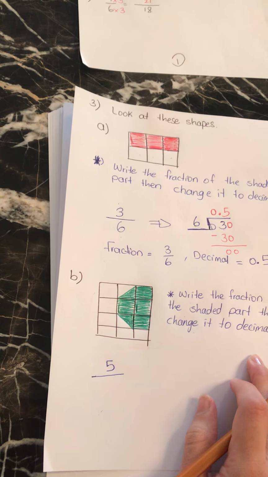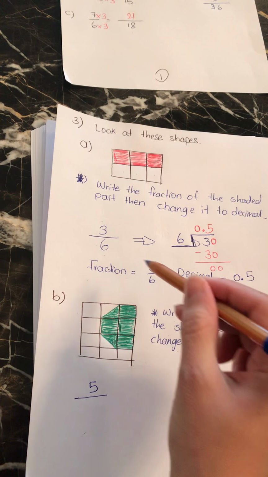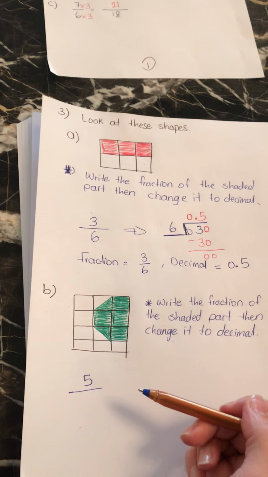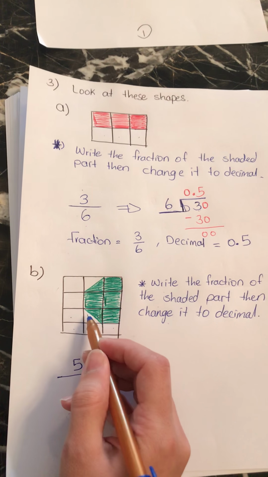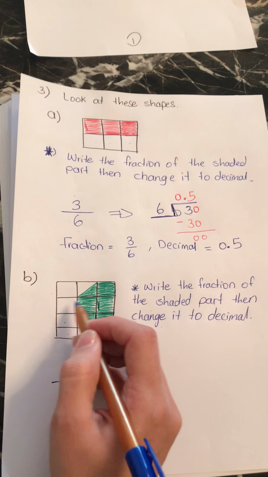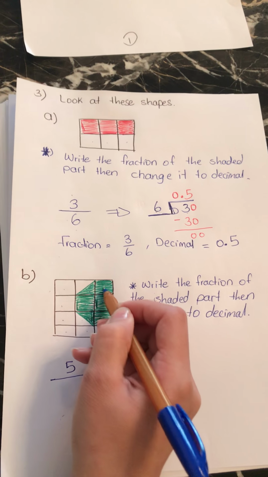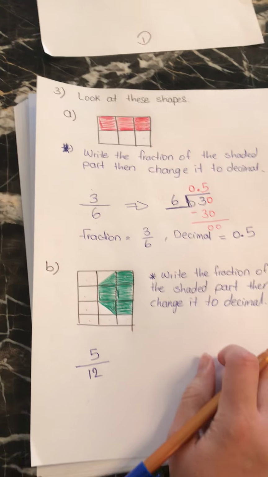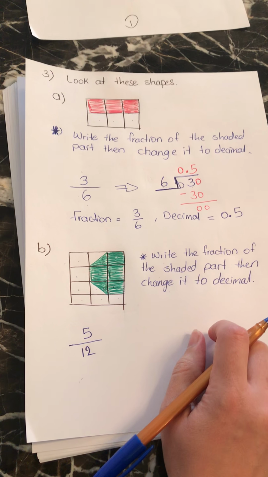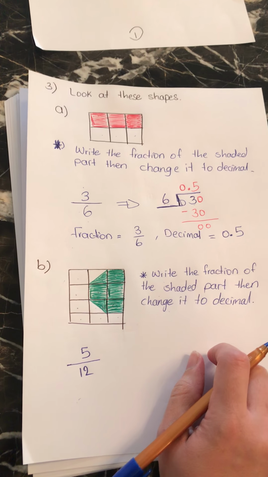What is the denominator? I have to count the whole square in the shape. 1, 2, 3, 4, 5, 6, 7, 8, 9, 10, 11, 12. Okay? 5 over 12 is the fraction.